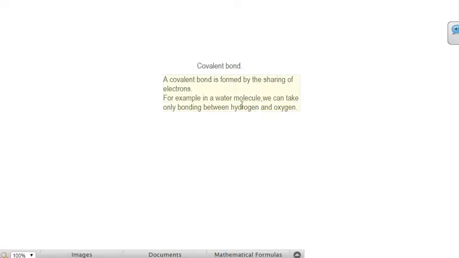Now a covalent bonding is formed by the sharing of electrons, for example in a water molecule.